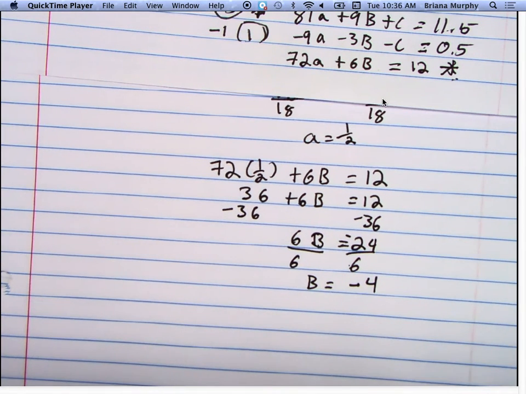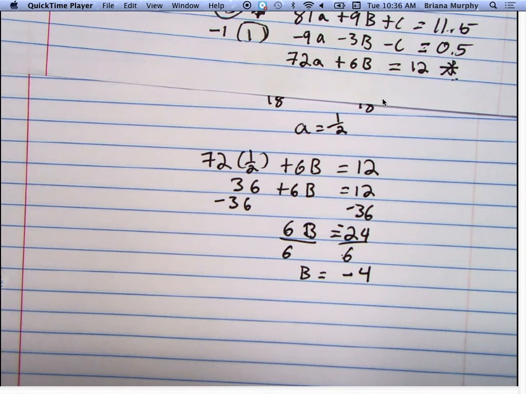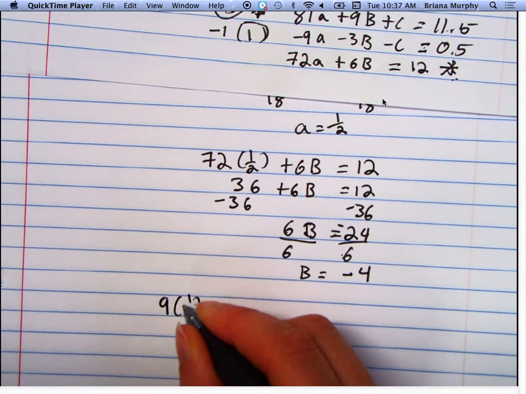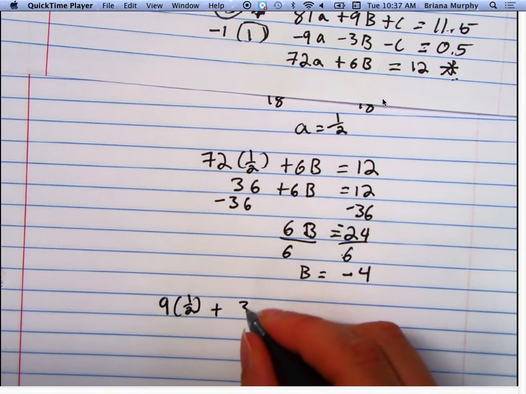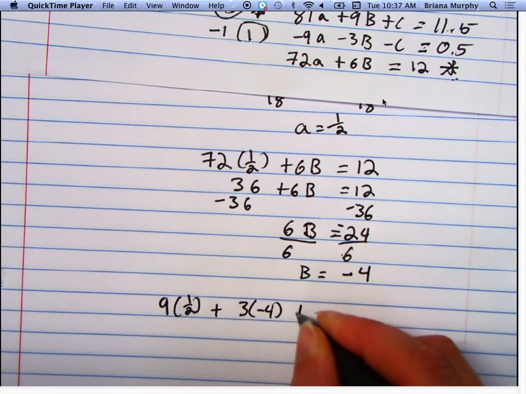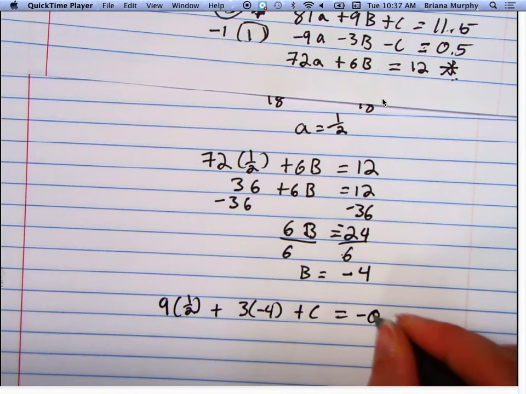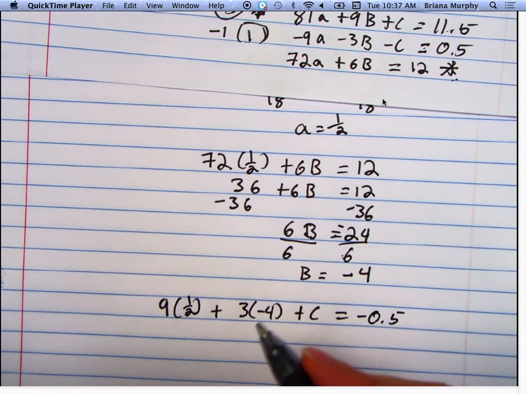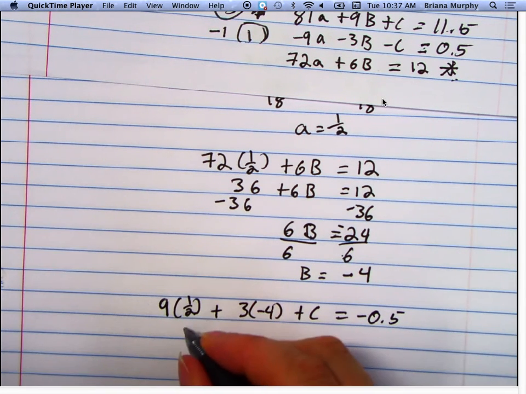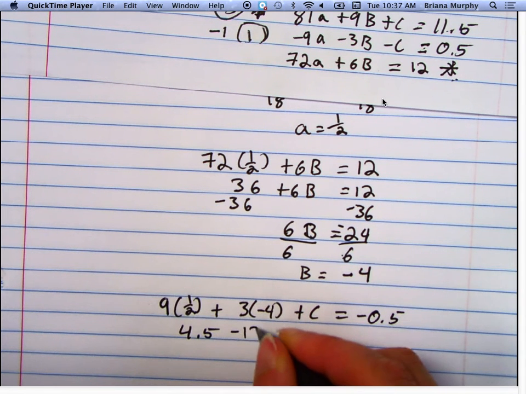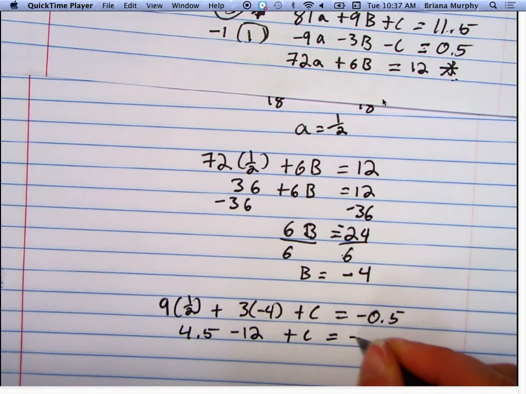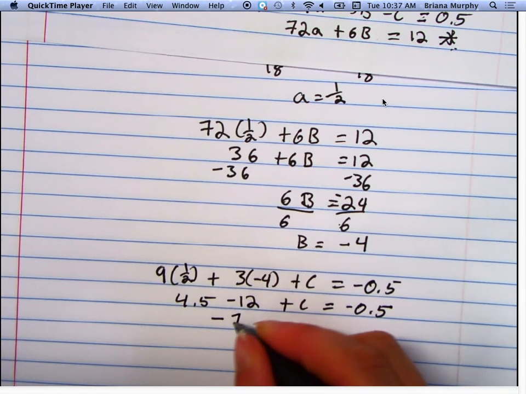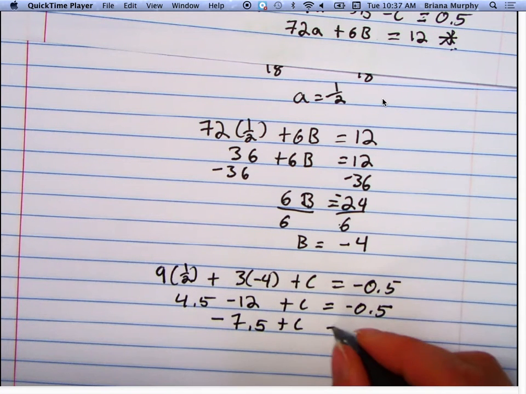Okay, let's find C. Let's plug it back into problem number 1. 9 times 1/2 plus 3 times negative 4 plus C equals negative 0.5. We get 4.5 minus 12 plus C equals negative 0.5. Negative 7.5 plus C equals negative 0.5.